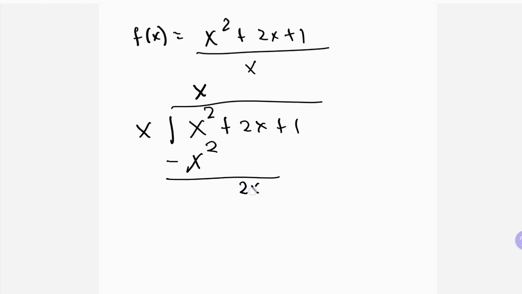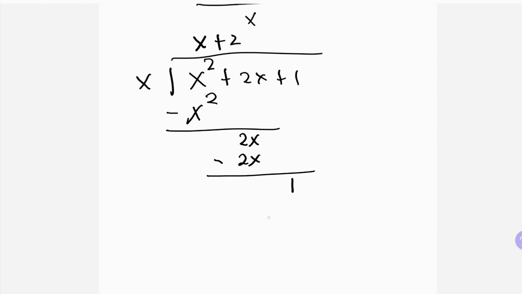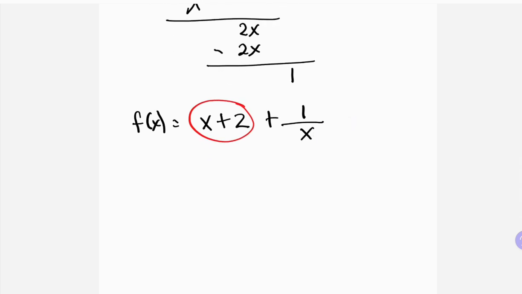We bring down 2x. We then multiply x with 2, and so we have 2x here, subtract, that's 0 again. Bring down 1. Here we can now write our answer in this form: f of x equals x plus 2, which is our L of x, plus the remainder over x here. So this is our oblique asymptote.